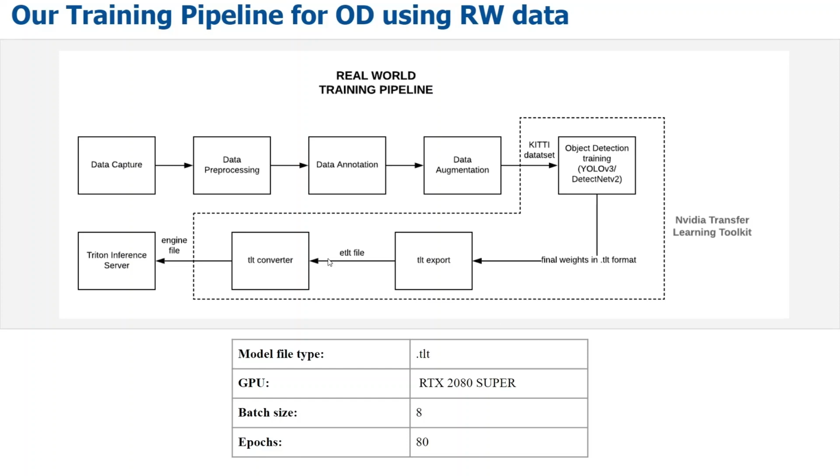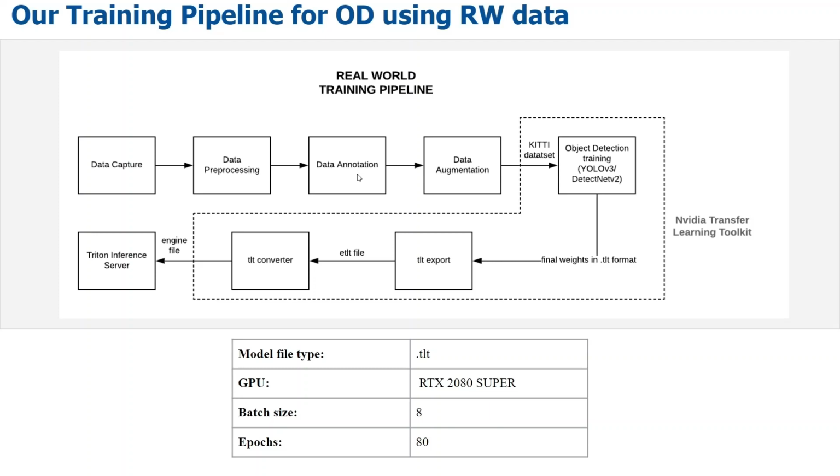The real-world training pipeline begins with the capture of raw videos and images for the target use case scenario using fixed cameras, mobile cameras, or other devices and sensors. Once the data has been captured and stored, we begin the pre-processing phase. This includes actions such as resizing, grouping, and filtering videos and images.